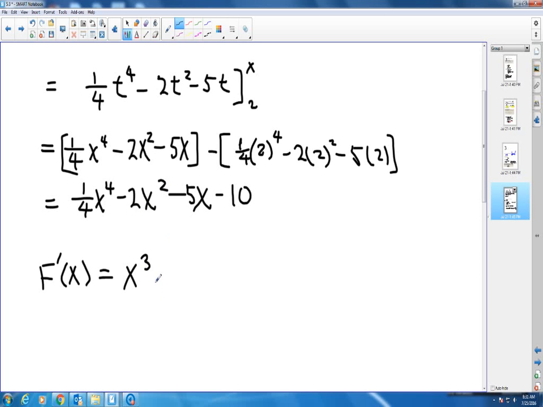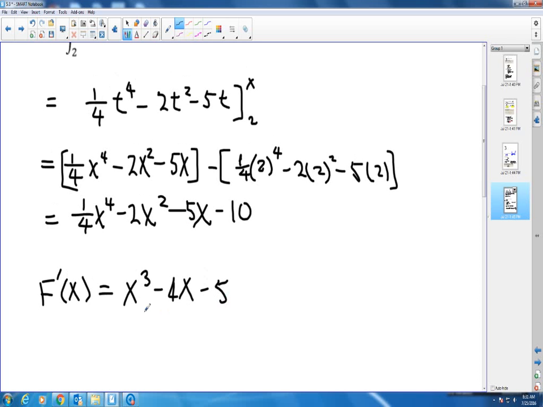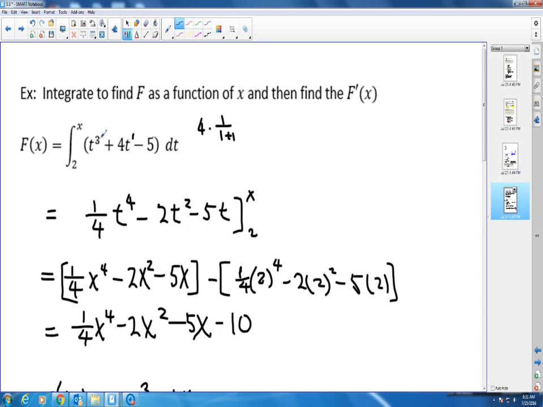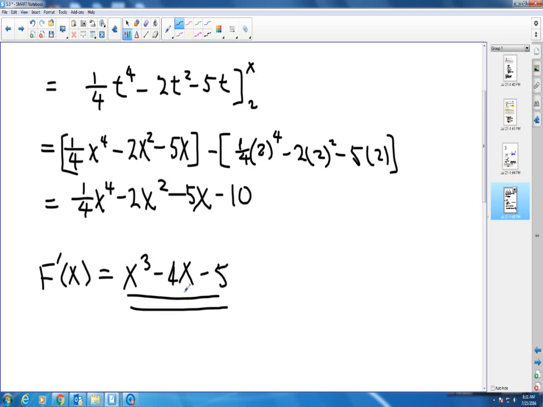That'll be 2 times 2 is 4x, because the exponent dropped down by 1, minus 5, because negative 5x will just be negative 5. There you go. And this right here is the f of x, which is, oh look, just like these, except these guys are in terms of t.